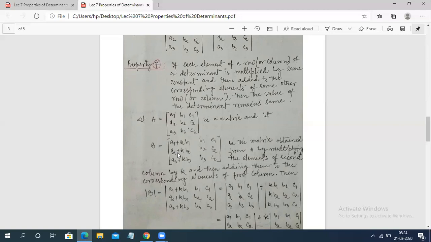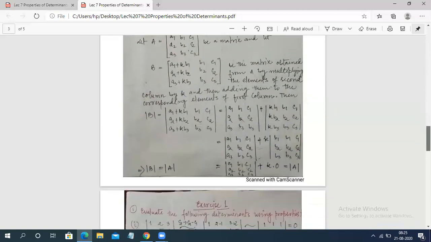That means their value will remain the same. That means you can multiply any row or any column with the same constant, and then you can add those terms to the corresponding terms of any other row or column. You can show it very easily.